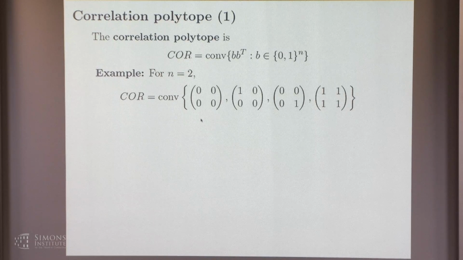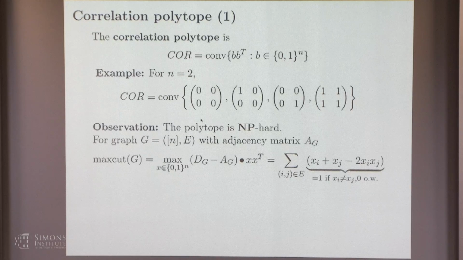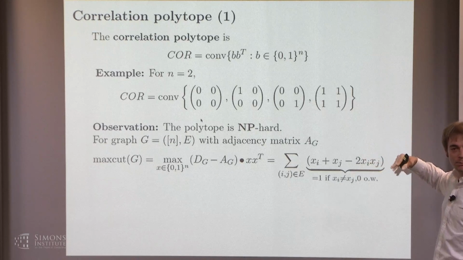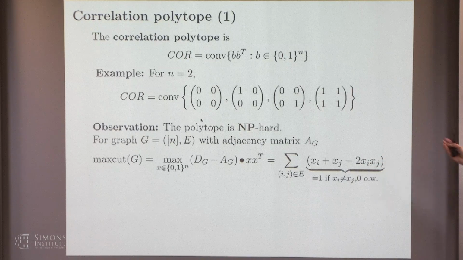First of all, I would like to mention that this is a polytope that's NP-hard, in the sense that if you could optimize a linear function over that polytope, you could actually solve NP-hard problems. That means you would expect that there is no small linear program representing it, but you still wouldn't know how to prove that.